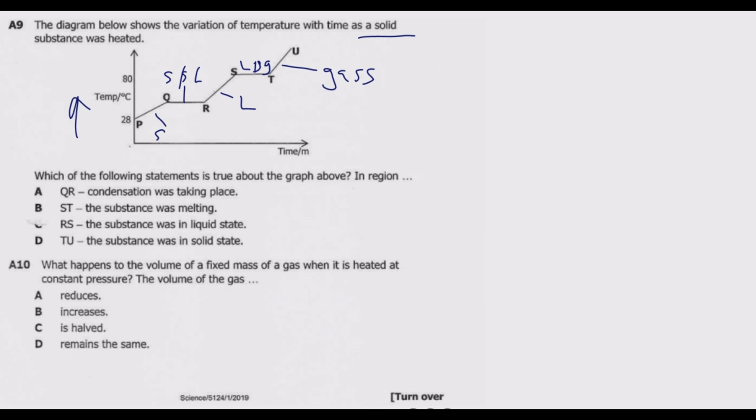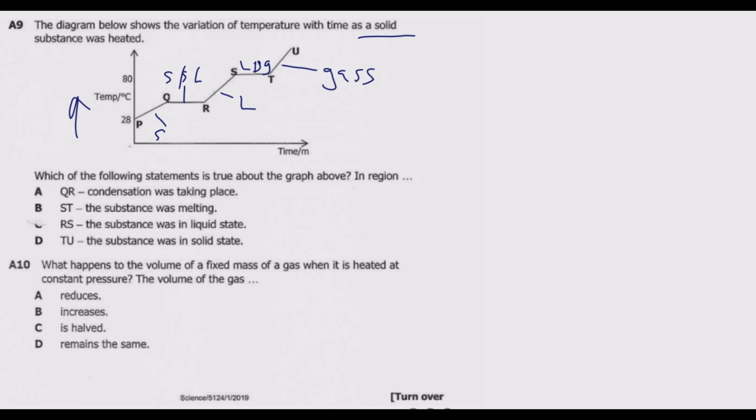So if you look at the options, QR: we have condensation taking place. So it's incorrect. Remember, condensation is not taking place there, because basically that's melting from solid to liquid. That's QR.